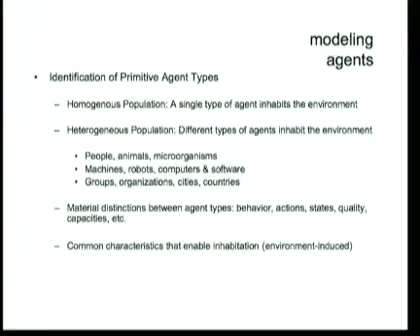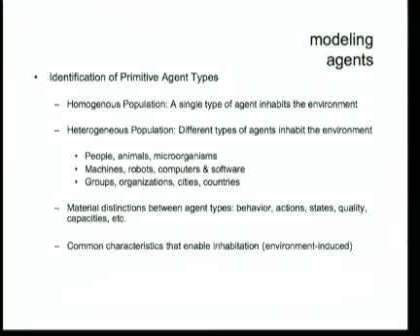Now, another aspect of choosing your primitive agent types is identifying whether or not you have a homogeneous population, in which a single type of agent inhabits the environment, or you have a heterogeneous population, in which there are many different kinds of agents that interact in different ways.